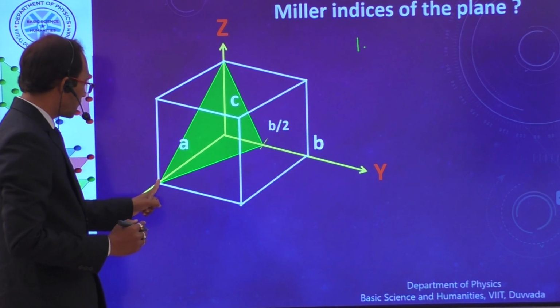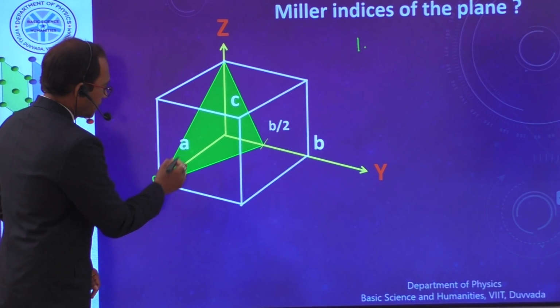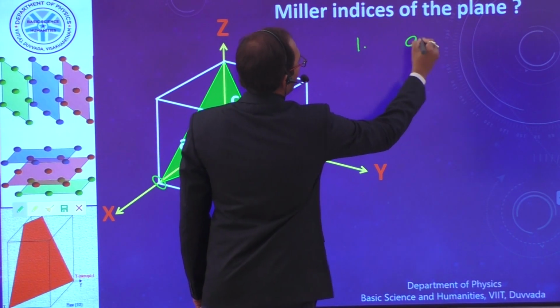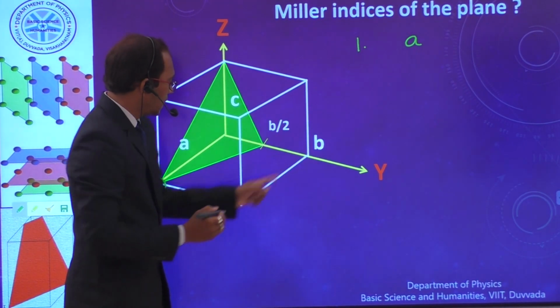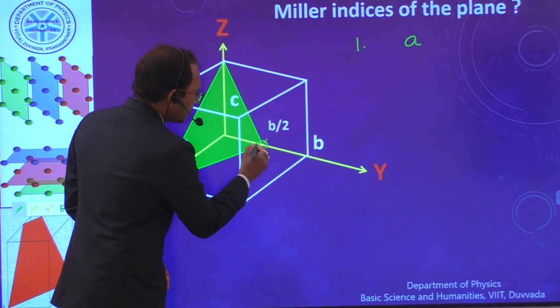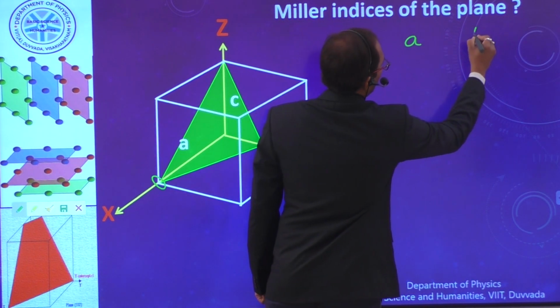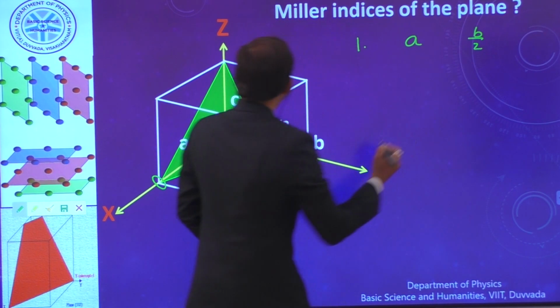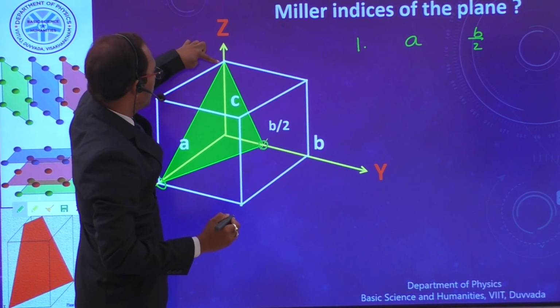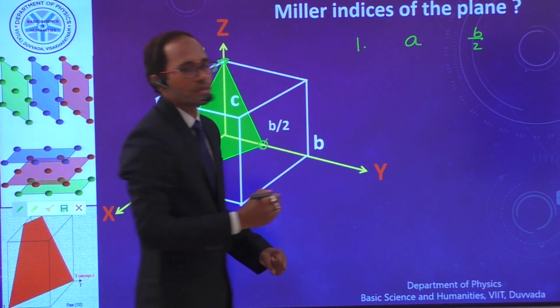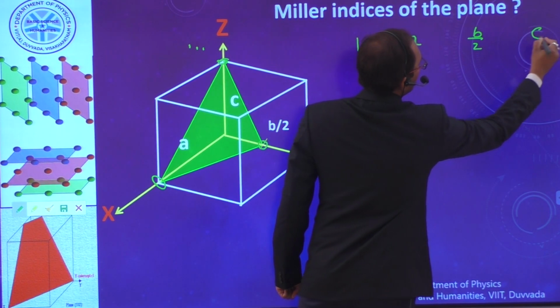This is the x-intercept, the length is a. Y-intercept, it is touching here, the length is given as b by 2. And the z-intercept is given as c, that means it is touching here. The length is c.